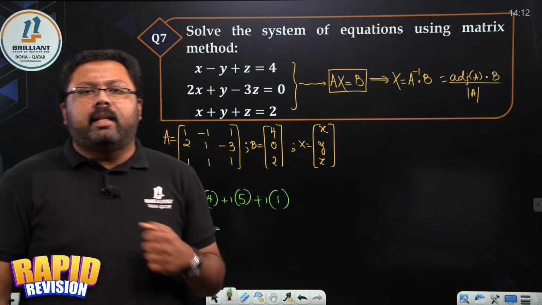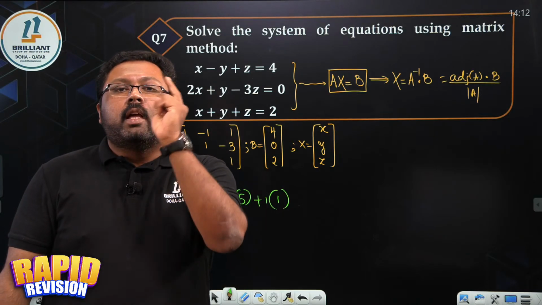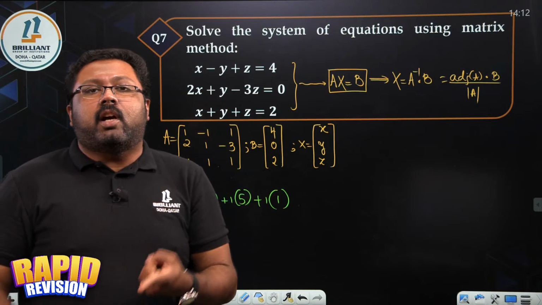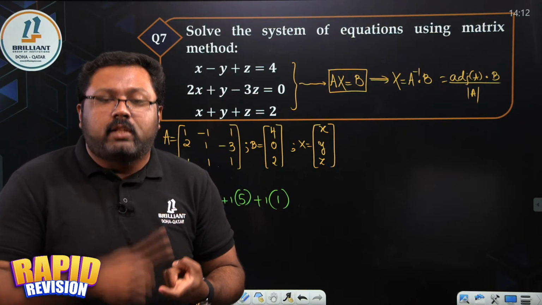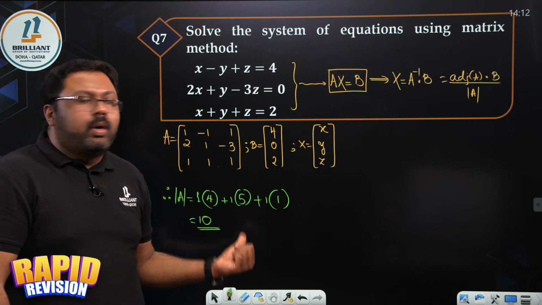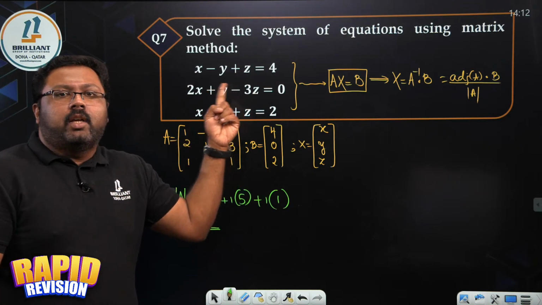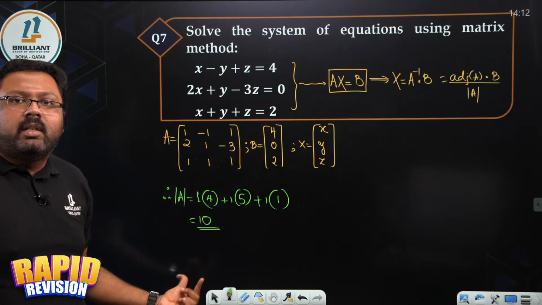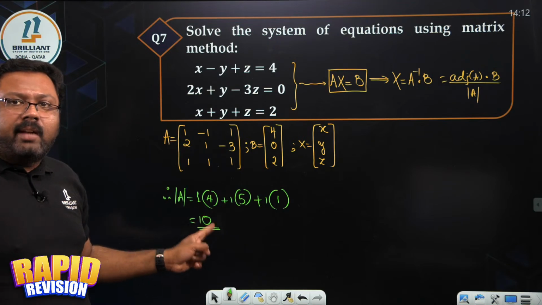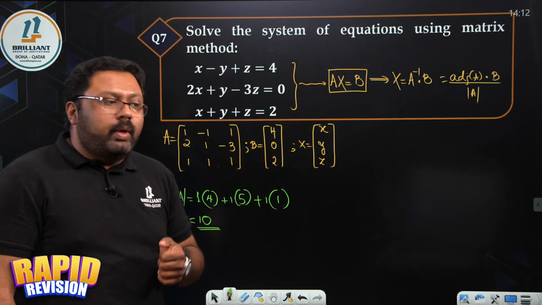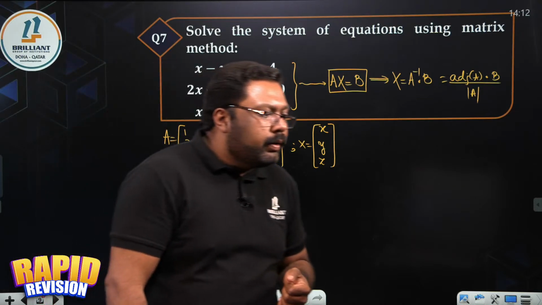I have explained this again in the system of equations test for consistency MCQ discussion. Please go and watch it. It's very important. Only if the determinant is non-zero will you be able to tell a unique solution for X, Y, Z. Here it's a non-zero determinant, hence the system has a unique solution. Okay?